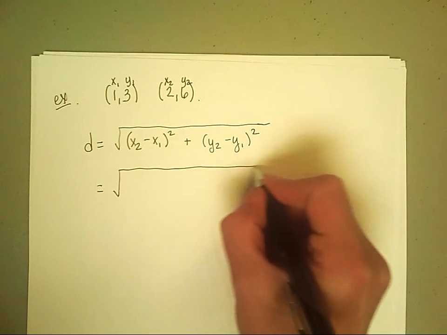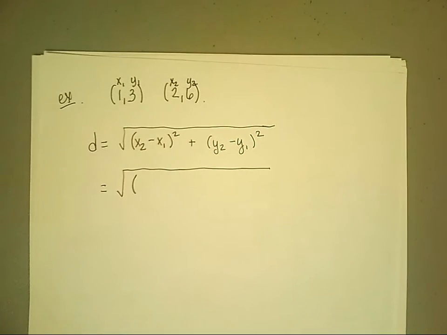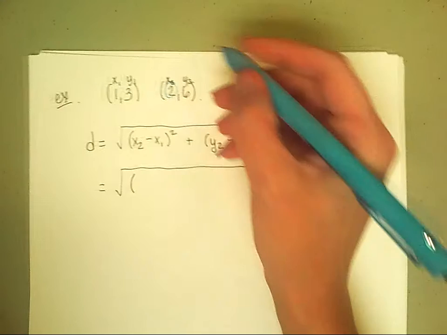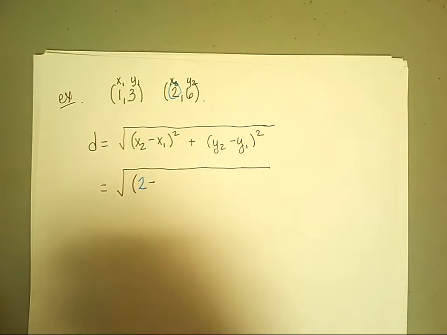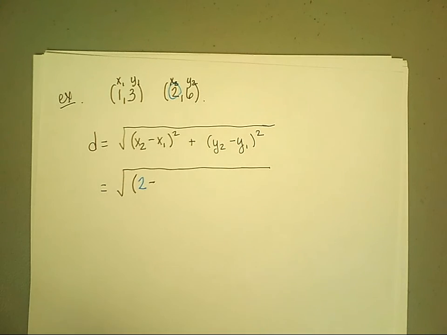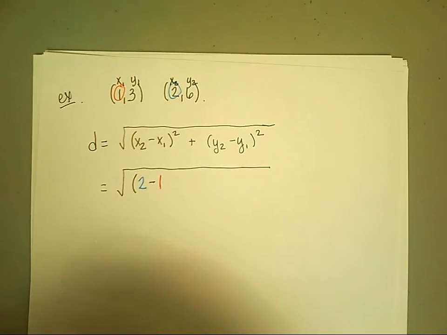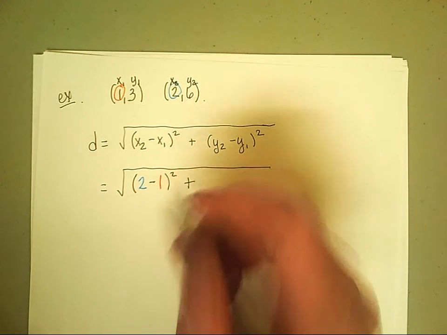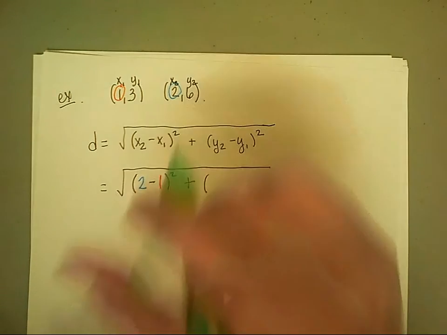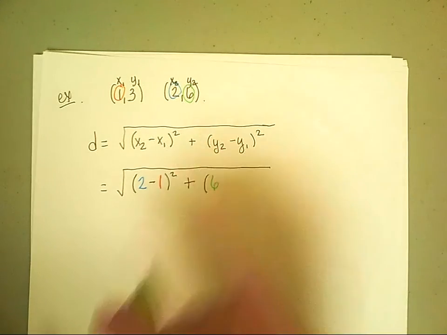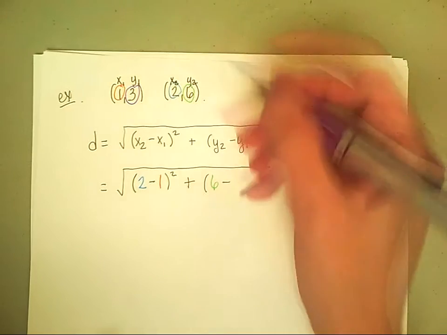So, this is the square root of, okay, x2 is 2, then minus, from the formula, x1 goes over here, 2 minus 1. Now we have to square that. Then for our next one, y2 is 6, and now minus, from the formula, y1, which is 3.